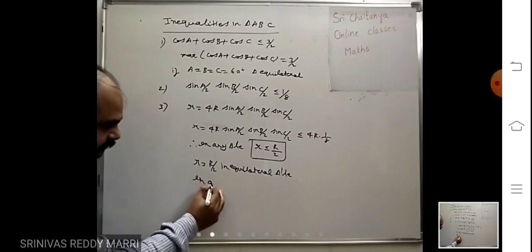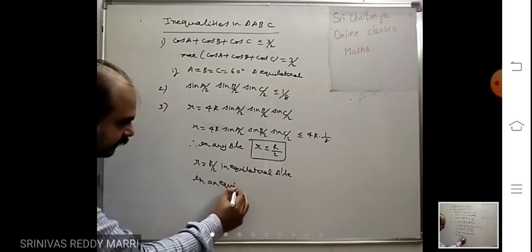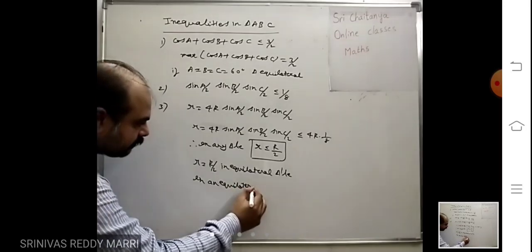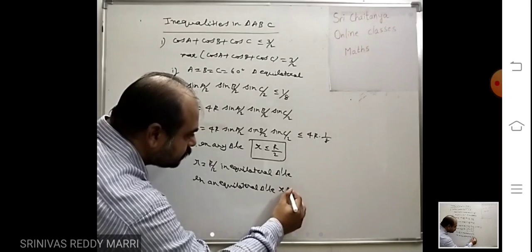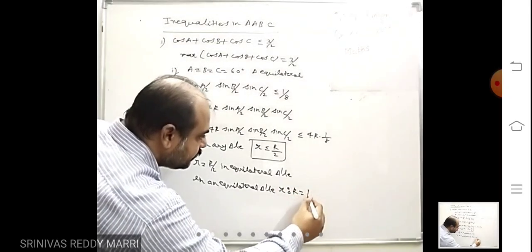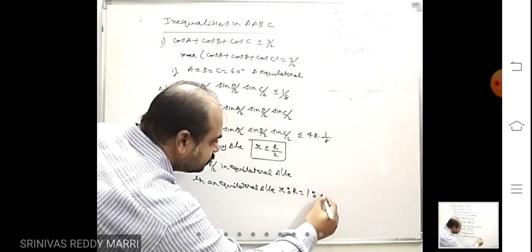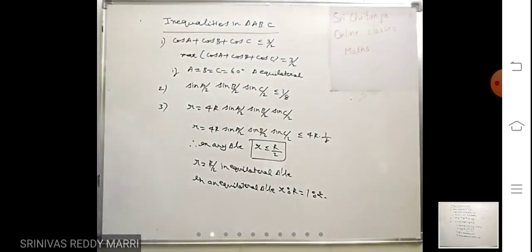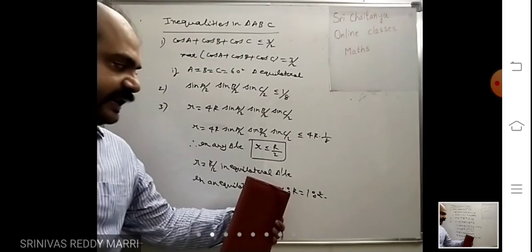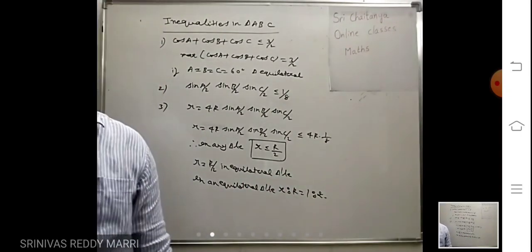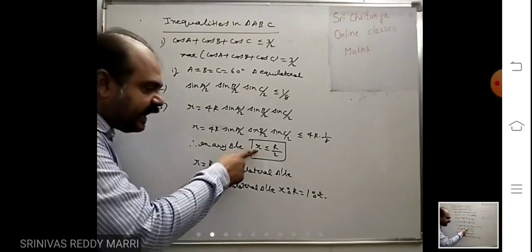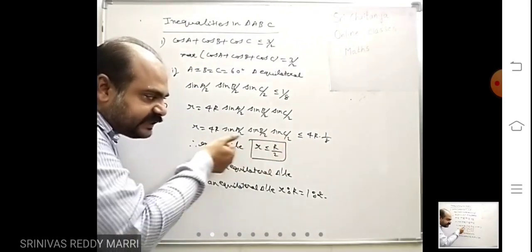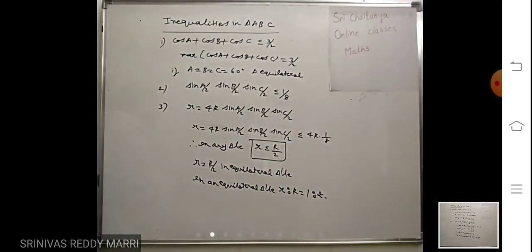That means in an equilateral triangle, r is to R is nothing but 1 is to 2. In an equilateral triangle, inradius and circumradius will be in the ratio 1 is to 2. In the remaining triangles, r will always be less than R by 2.